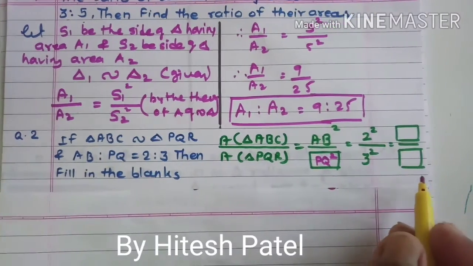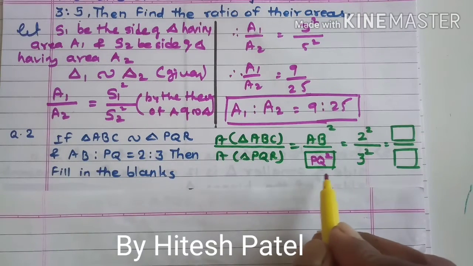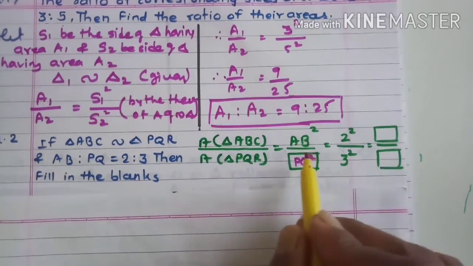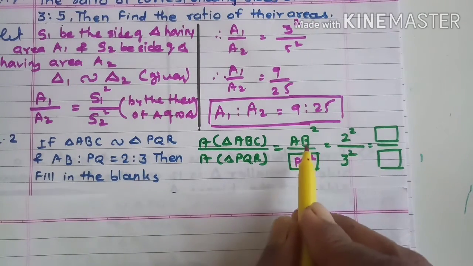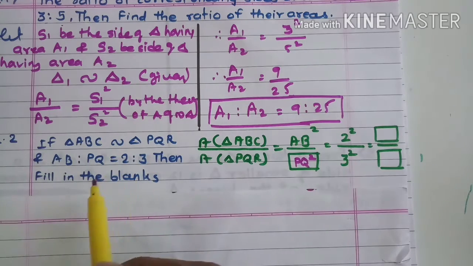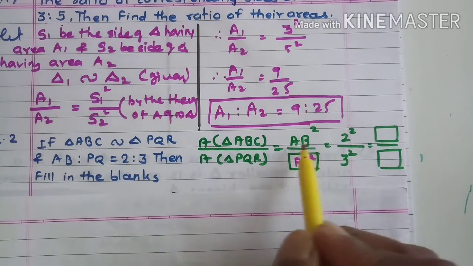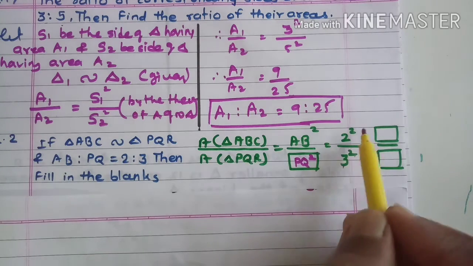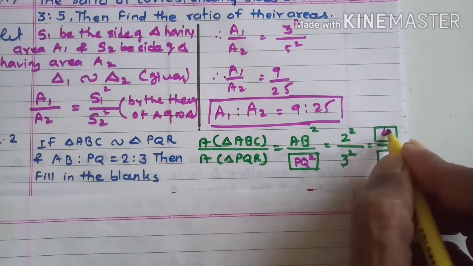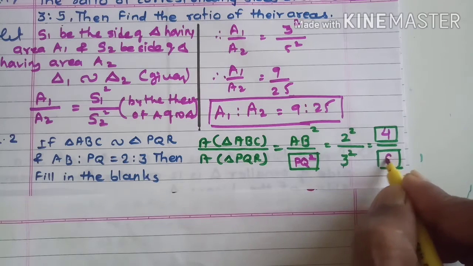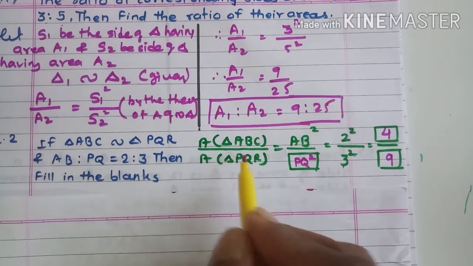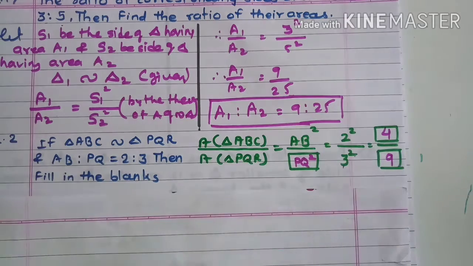It's okay, but we should know the property used, that is the theorem of area of similar triangles. Now the ratio AB is to PQ is given 2:3. So instead of AB square, we write 2 square, denominator 3 square. 2 square is 4 and 3 square is 9. So the ratio of the areas is 4:9.